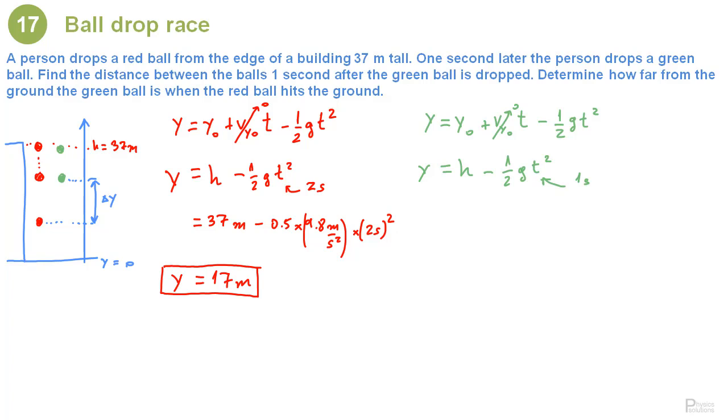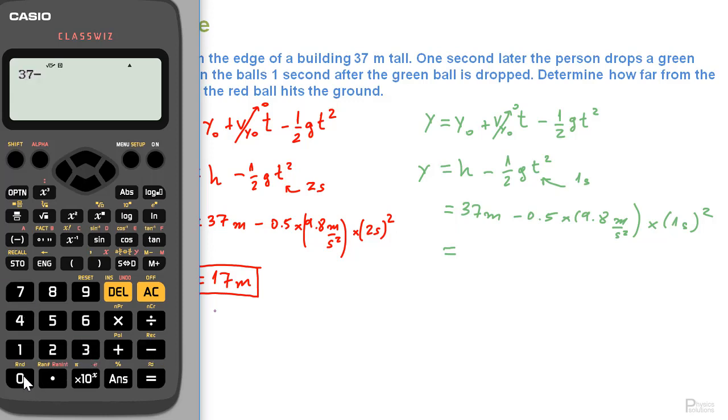We can now go to the other side and do the same. H is 37 meters minus 0.5 times 9.8 meters per second squared times 1 second squared.